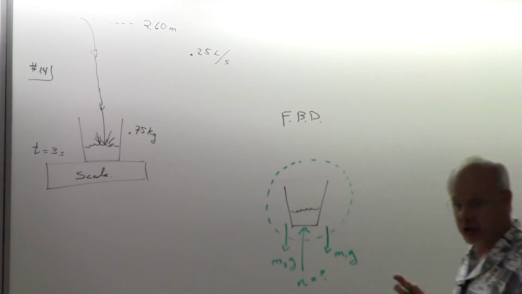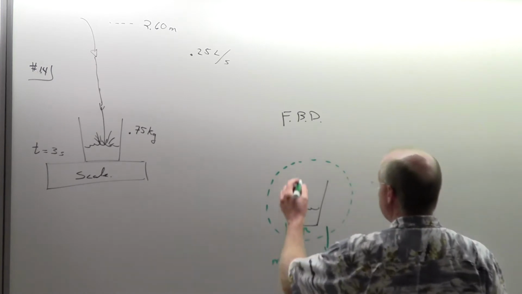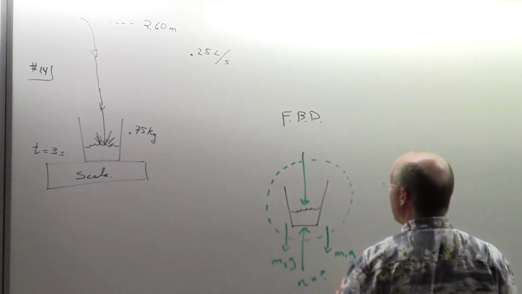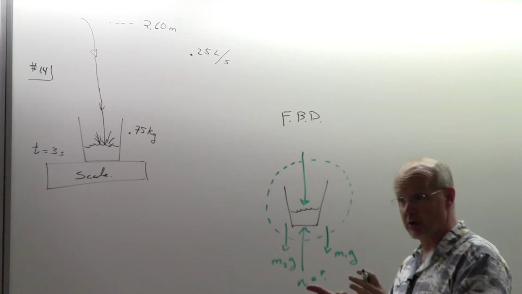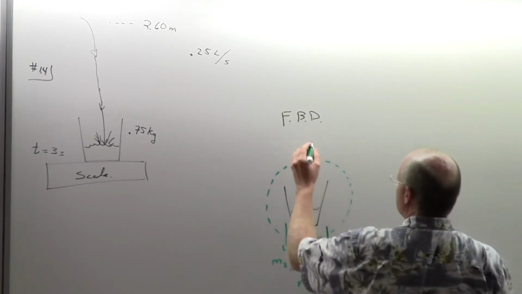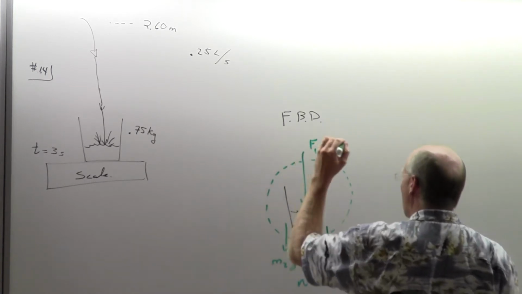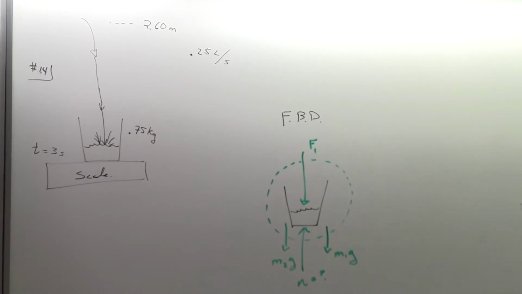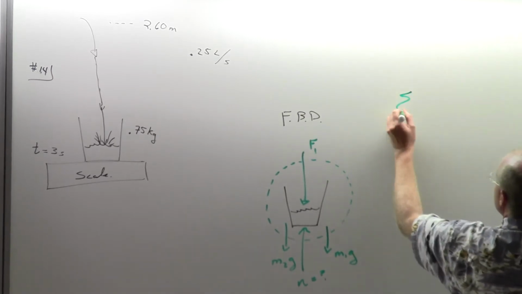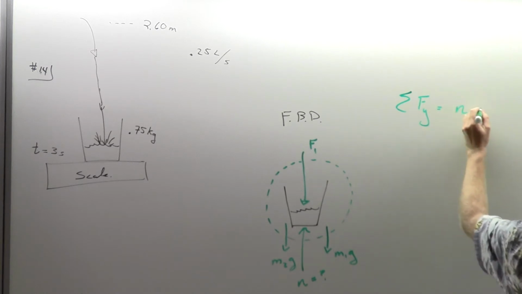Right, and that's what's new here. I want to make sure you didn't miss that. What is happening here is the force from the water, although in this case I'll think of it in terms of the change in momentum of the water, and so maybe I'll call this force number 1 there. And so as I add up my forces in the vertical direction, I would have the normal pushing up.